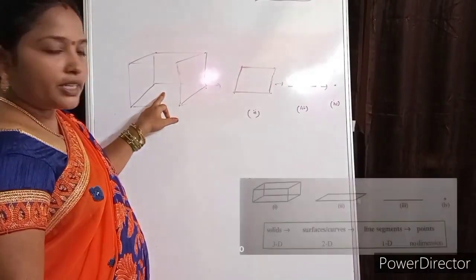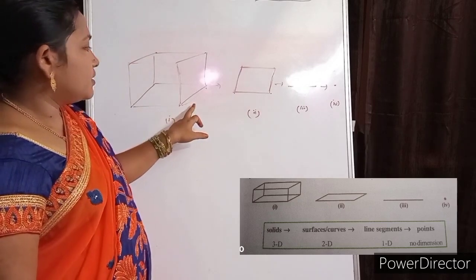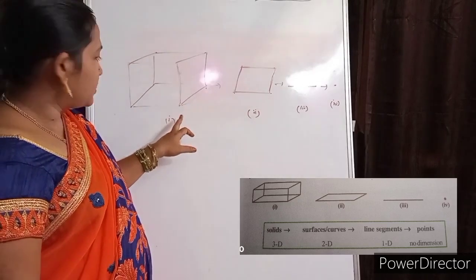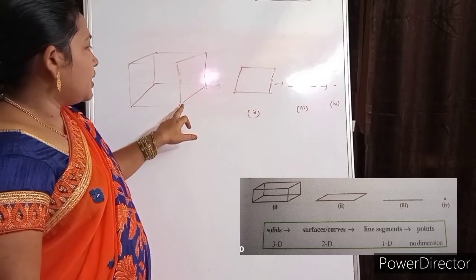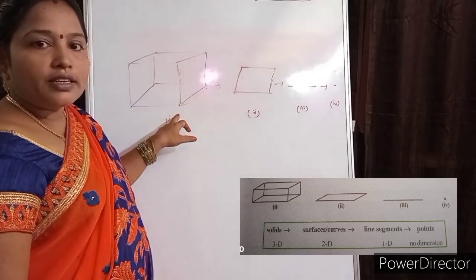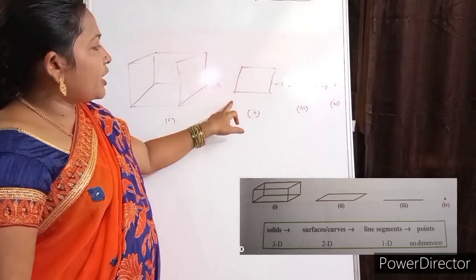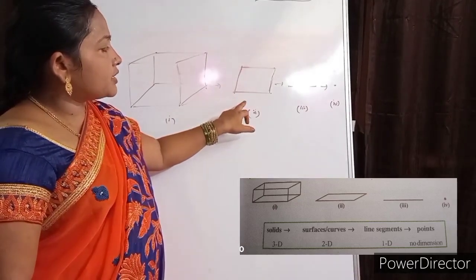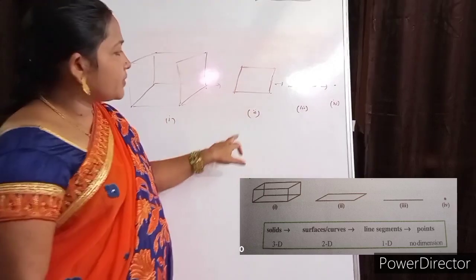This is a cuboid shape. It has 3 dimensions: length, breadth, height. If it loses one dimension, that is height, it will have only 2 dimensions, like a rectangle.